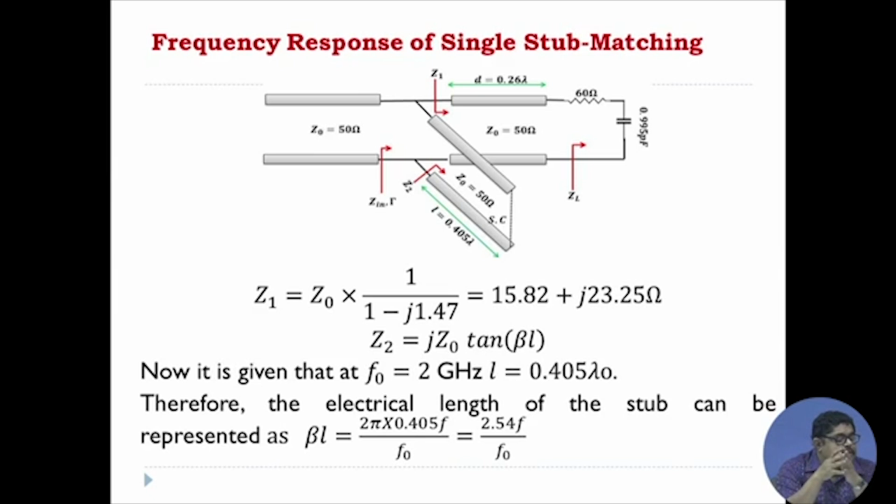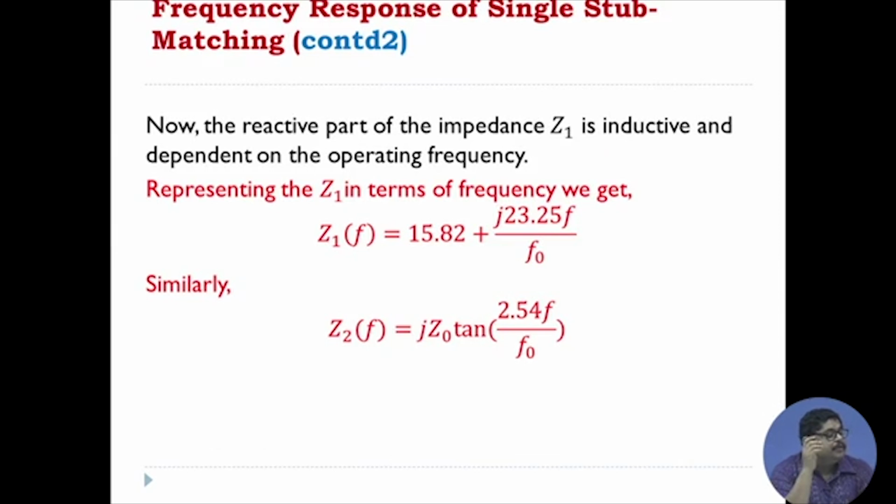So beta L can be expressed in terms of f by f naught. When f is equal to f naught, the design frequency, beta L is simply the design value, otherwise it is different. Now you can represent your Z1 and Z2 in terms of that.